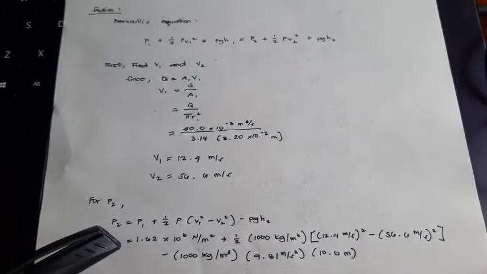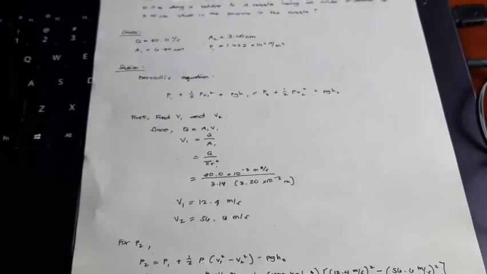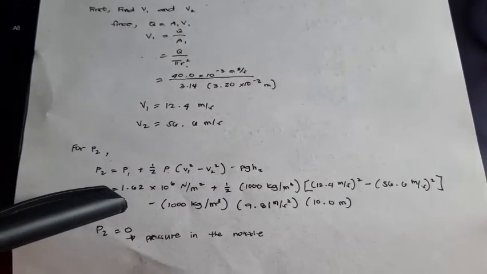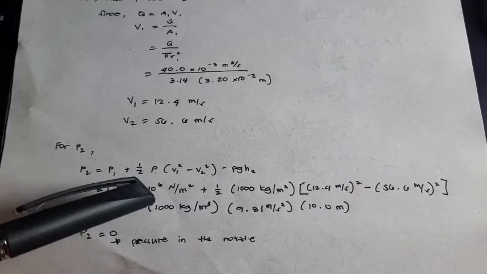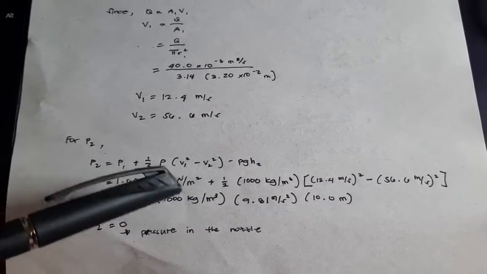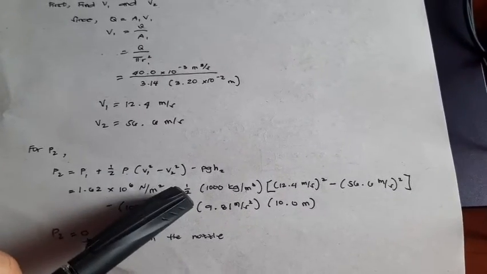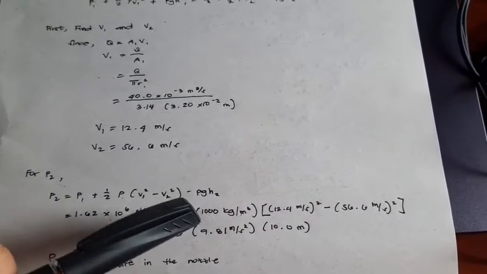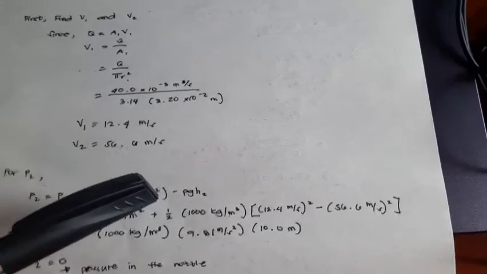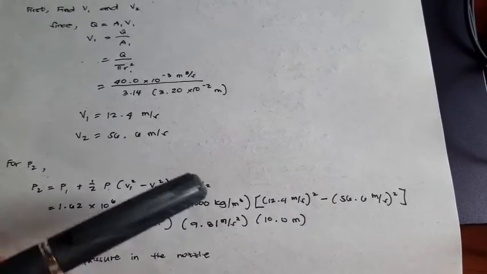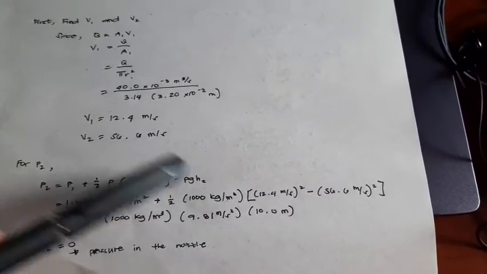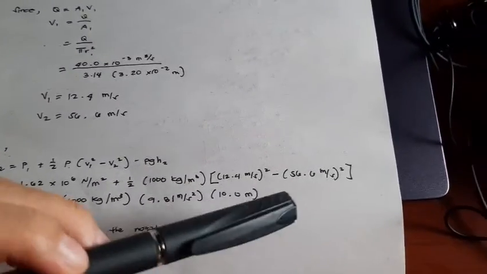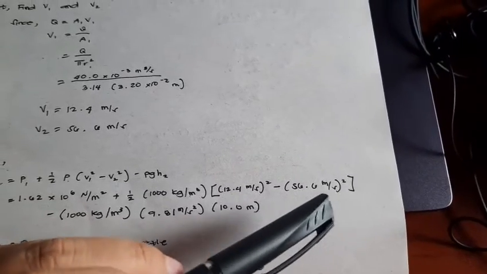So, our P1, the gauge pressure, is equal to 1.62 times 10 raised to the 6th power newtons per meter squared, plus 1/2 times the density, 1,000 kilograms per meter cubed, times V1, 12.4 meters per second squared, minus V2, 56.6 meters per second squared.